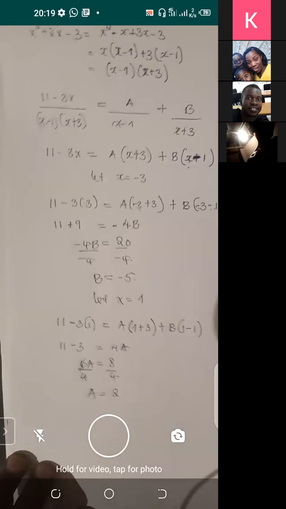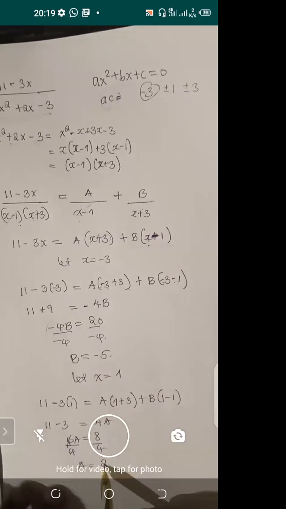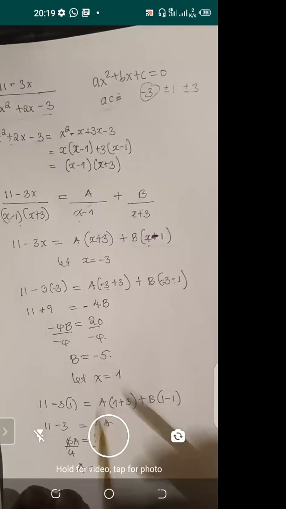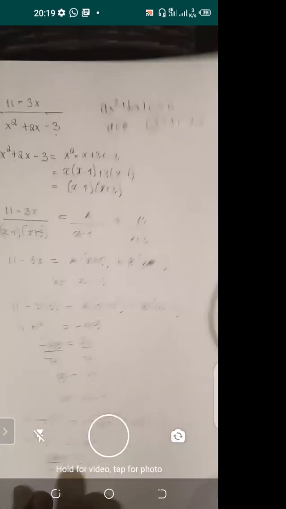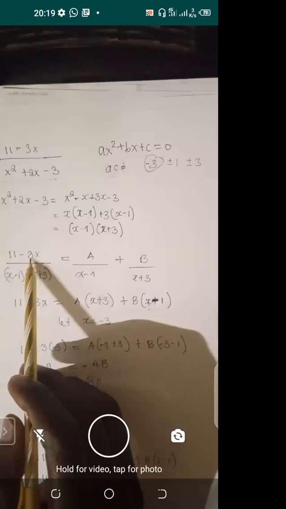Okay, so from here, since you found your A and your B, you can get back there and say that 11 minus 3x over this one can also be written in its partial fractions.